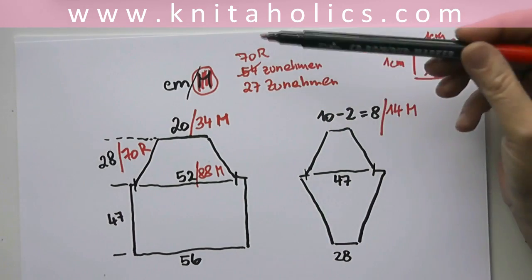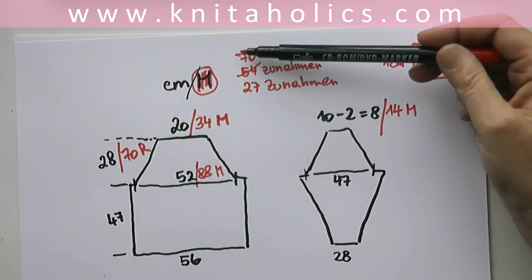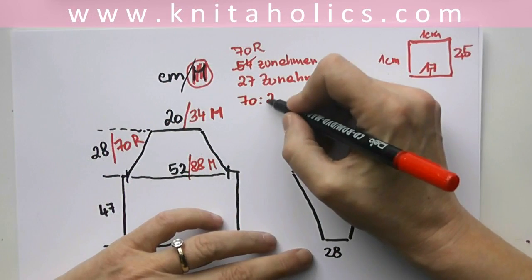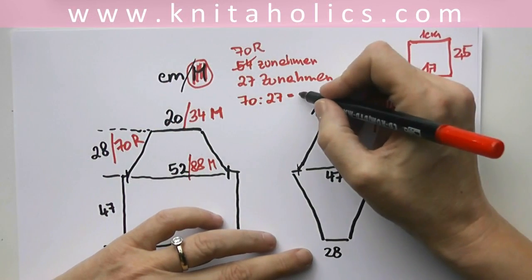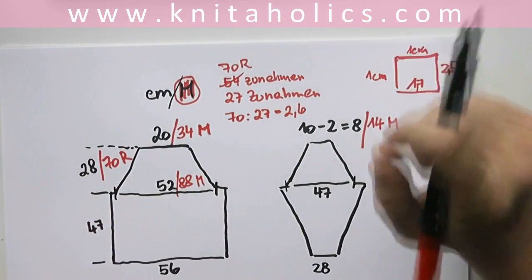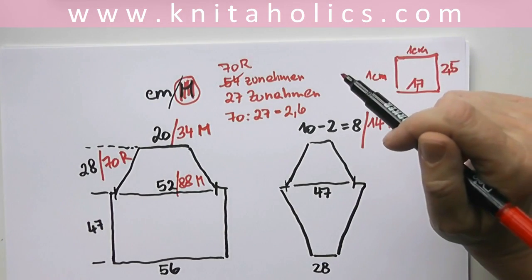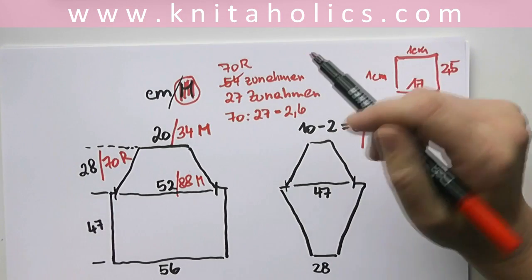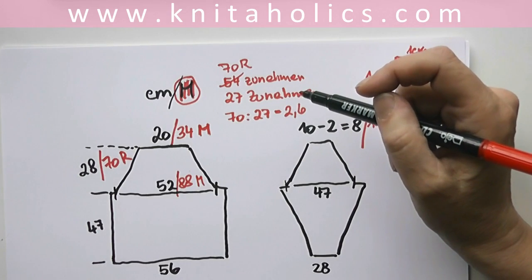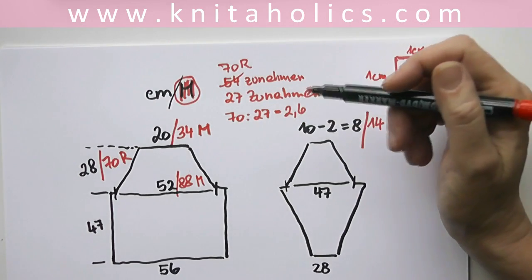To calculate the increases, we divide 70 rounds by 27 increases. And this results in 2.5 something, so let's say 2.6. So every 2.6 round we have to increase, which is an odd number. So we will increase alternating every second and every third round.